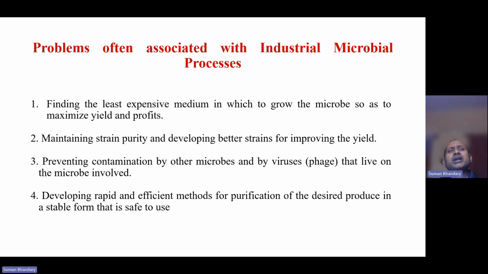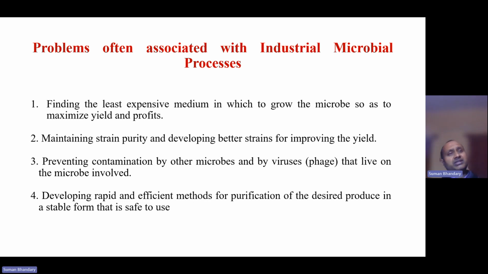And for many microorganisms, viruses present a constant danger, because a single phage virus can infect and destroy the desired microbes of the entire tank. So sterilization of large containers and huge quantities of media represents both an engineering as well as a microbiological challenge.